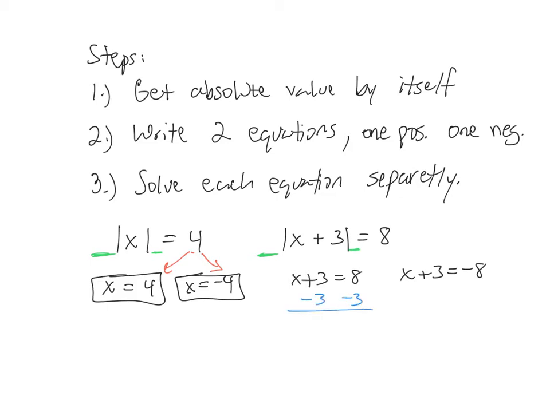So I would do minus 3 there. That gives 5. On this side, I would do minus 3. That part will be the same, where on both of them we did minus 3 to both sides. But the answers will be different. Negative 8 minus 3 is negative 11. So, different numbers, a lot of the time one positive answer, one negative answer. It's not 100%, but it's a lot. It's possible to have two positive answers. It's possible to have two negative answers. Okay?